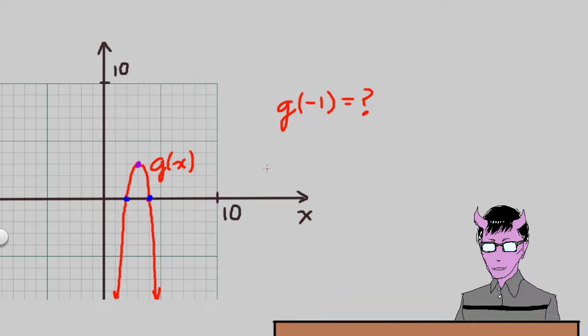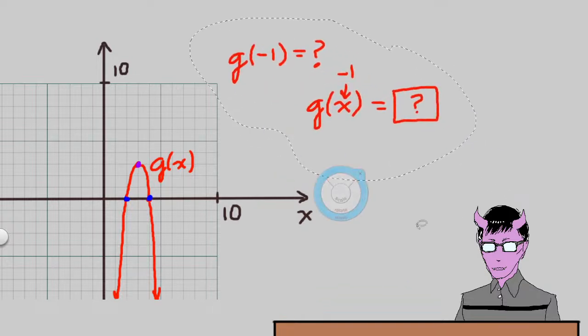You're not given the equation of the function, right? You're just given the graph, and they ask you to evaluate g of negative 1. So in other words, you're supposed to have g of x somehow, and then they're asking you, what if you slam dunk the negative 1 as an input into your function? What will the resulting y value be? So that's what this question is asking for.